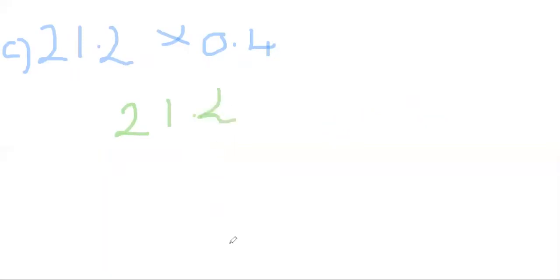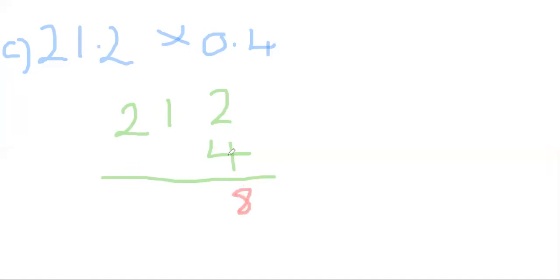21.2. Oh, my handwriting is bad. I'll fix that. 21.2 times 0.4. 0.4 is like 4, so you put the 4 here. I told you forget about the point first. Okay, so you underline. To get the answer to this, we start with 4 times 2, which is 8.